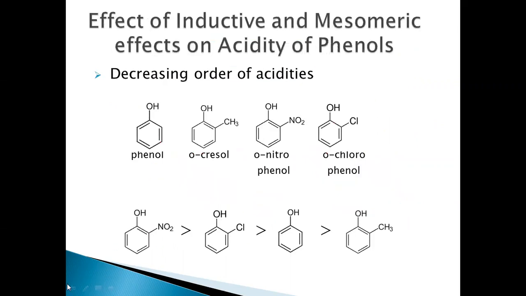Now, based on this mesomeric and inductive effect, let's put these compounds in the decreasing order of their acidities. If you look at the acidity of phenols, orthocresol, orthonitrophenol, and orthochlorophenol.